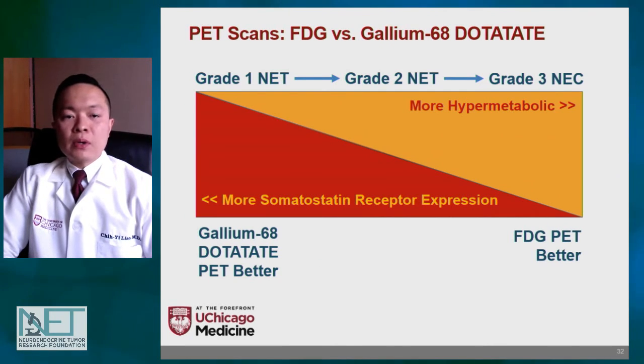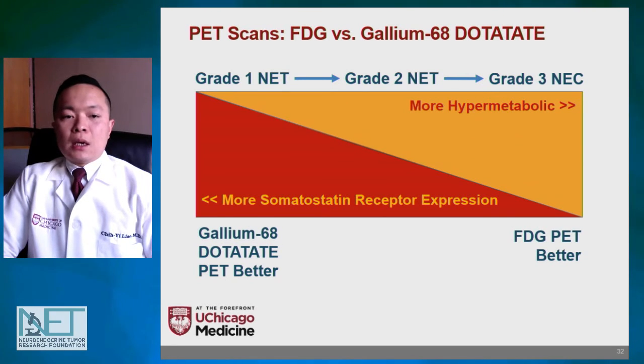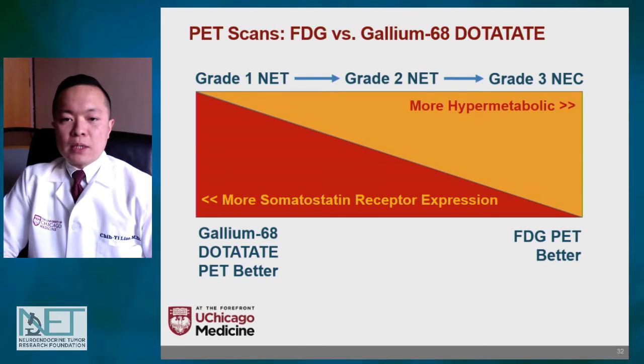So it's very important to know when to use what type of PET scan. And so, when do we use gallium dotatate PET scans and when do we use FDG PET scans? There is a spectrum and a continuum, as you can see here, moving from grade 1 neuroendocrine tumors to grade 2 to grade 3 neuroendocrine carcinomas.